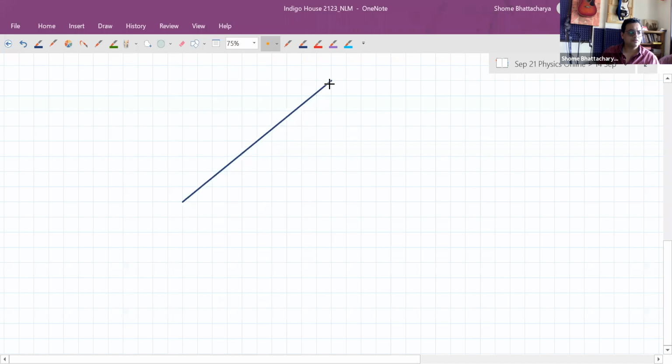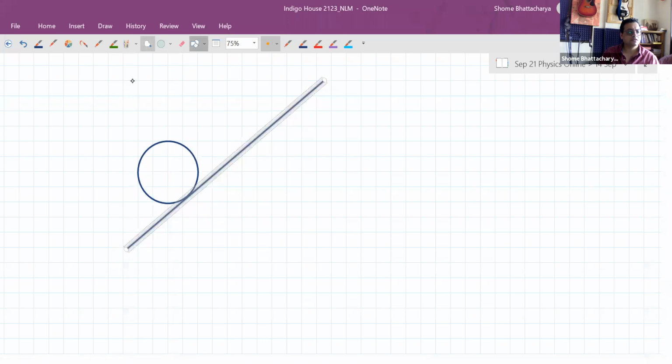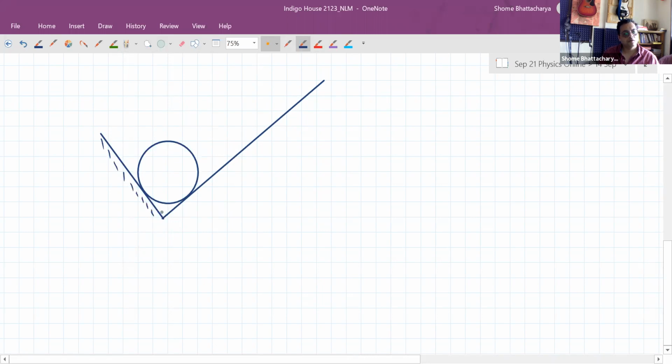So now in our example, we have this situation. We have, let's say, a cylindrical body placed like this, at the junction point between two inclined planes which are perpendicular to each other.